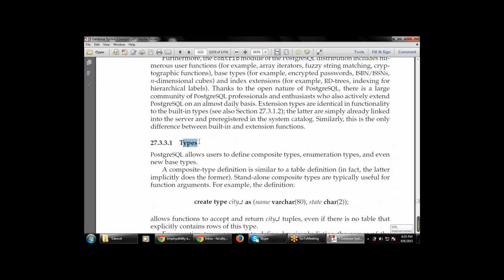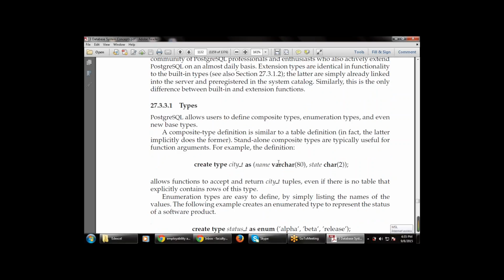The next is the types in PostgreSQL. PostgreSQL allows users to define composite types, enumeration types, and even new base types. The composite type definition is similar to a table definition; standalone composite types are typically used for function arguments.